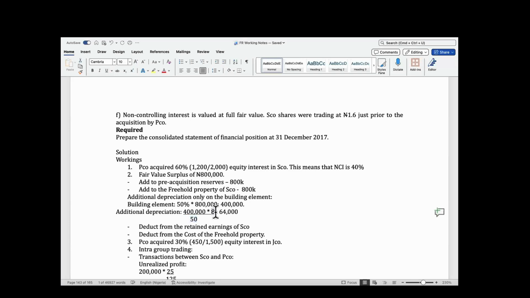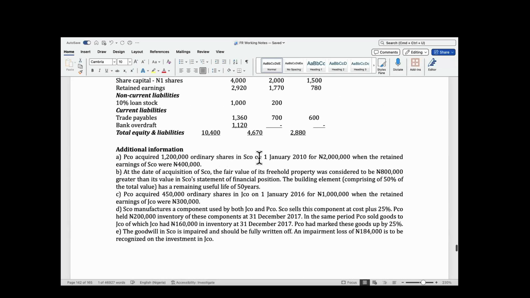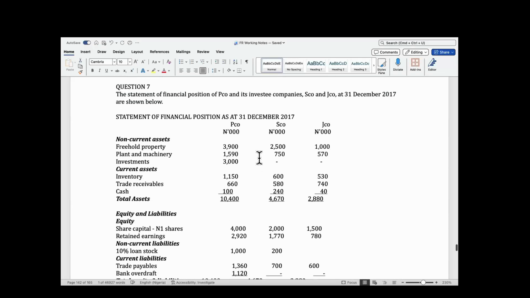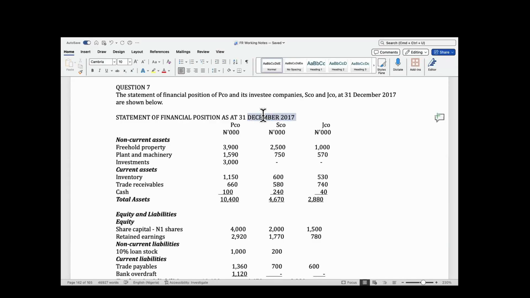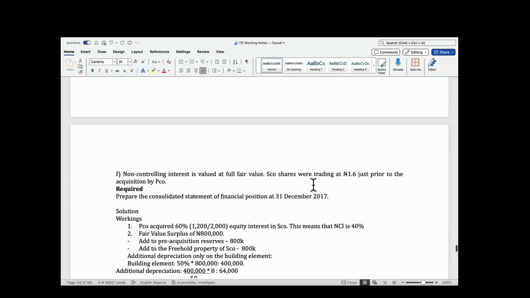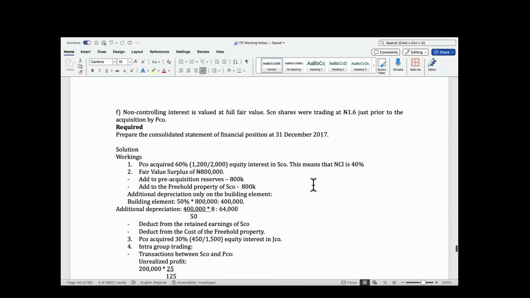And since we acquired the subsidiary 8 years ago, the year end is 2017, and we acquired the subsidiary on 4th January 2010. This extra depreciation is happening from the date of acquisition up till the year end.